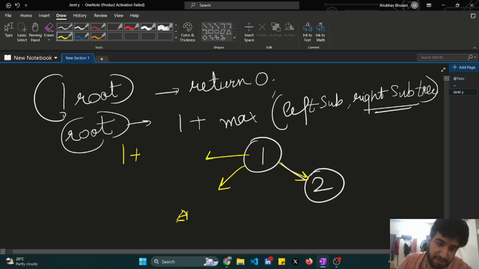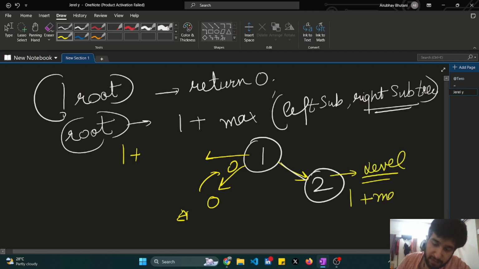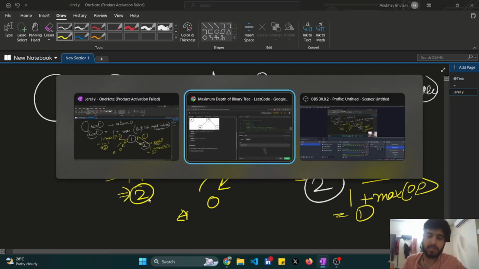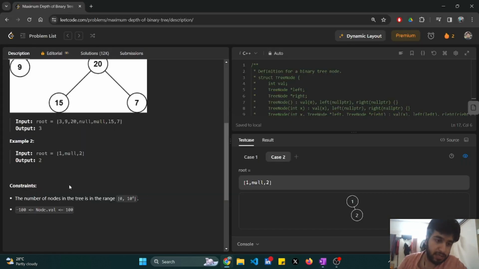For the left subtree, my maximum height is 0 as it is returned. And this would also consist of a level. So 1 plus maximum of 0 comma 0, 1 is returned from this. So 1 plus maximum of 0 comma 1, 1 plus 1 equal to 2. So 2 is returned in this case. As you can see, 2 is returned.